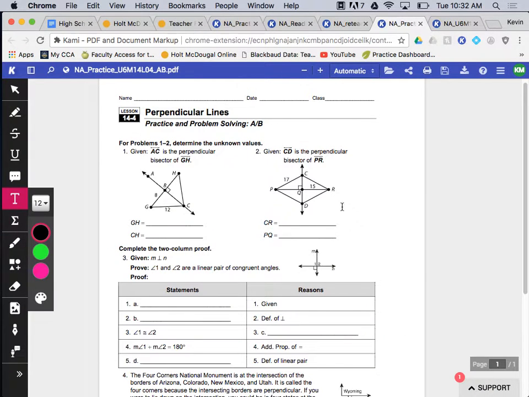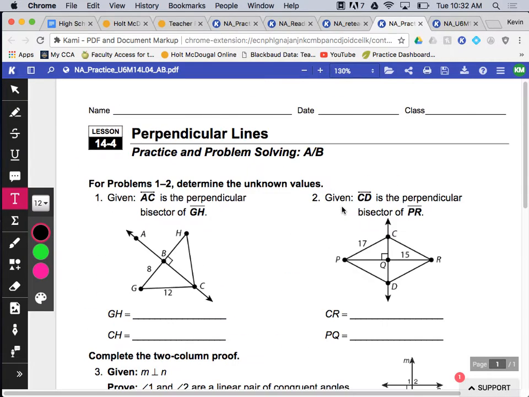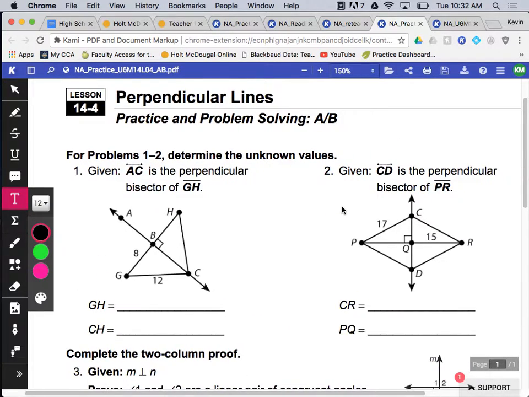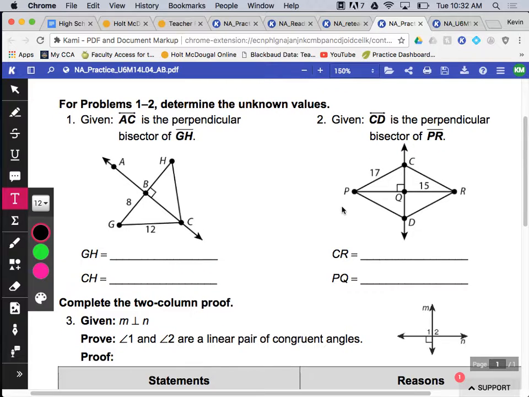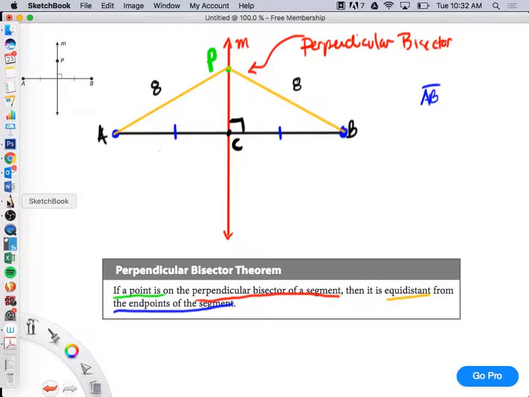All right, now, you don't actually have these. This is from a worksheet that you don't have. But go ahead and do number 1.